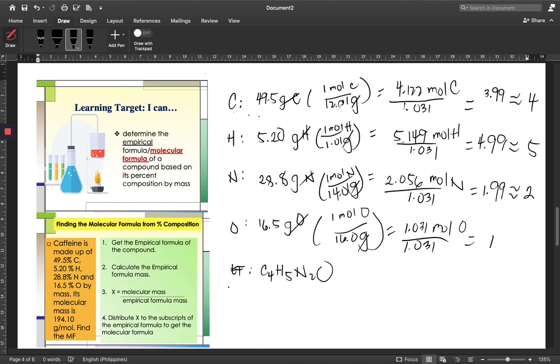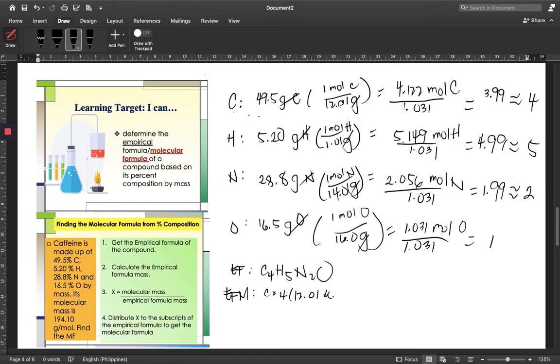Now, how do we find the empirical formula mass? Okay, so we are going to find the empirical formula mass by just adding the different masses for each element. So, for example, for carbon, you have 4 atoms of carbon, and we know that the atomic mass of carbon is 12.01 AMU or mu.